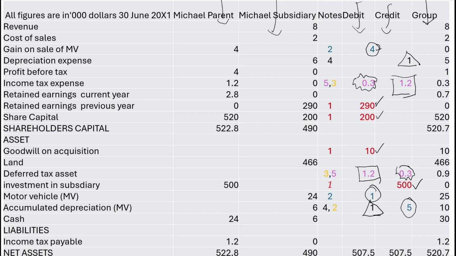So once that is done, we can now add across the rows, taking care of the accounts, whether they are debit or credit, and also the fact that the adjustment columns are debit or credit.